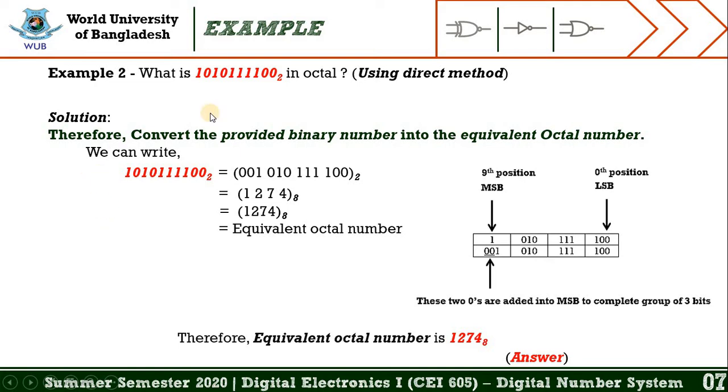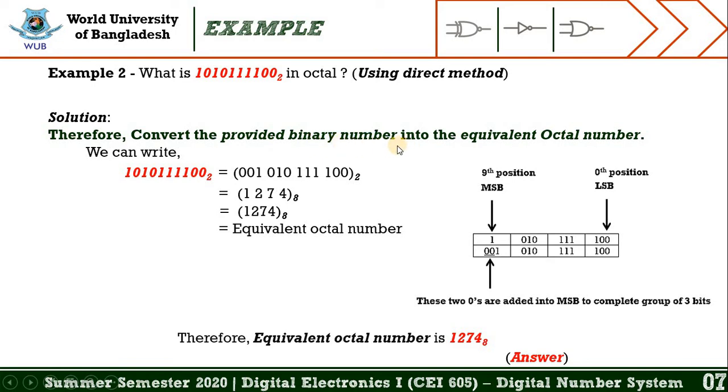From this slide we learn another example of the conversion, and this time we use the direct method. Let's start with the question: what is the 1010111100 binary number in the equivalent octal number?